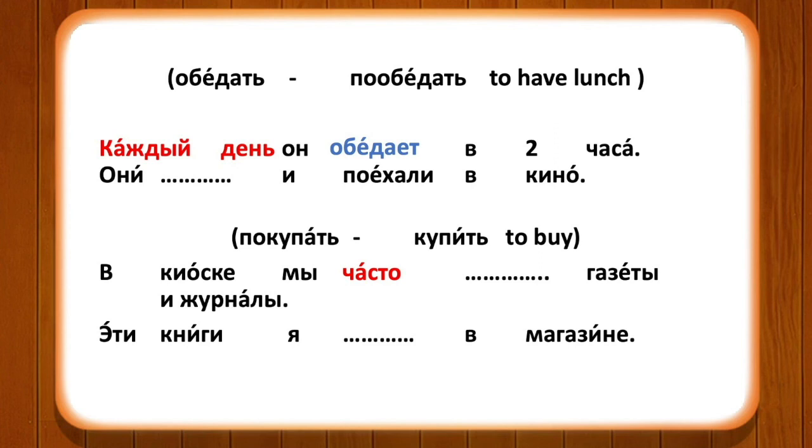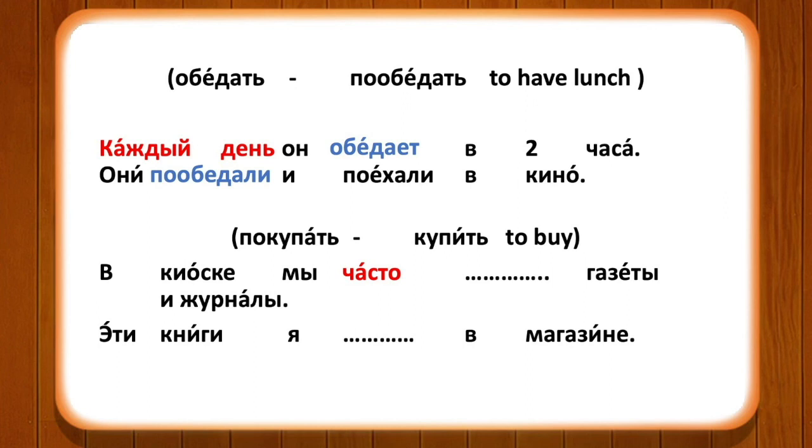Here you will be using the past tense form of the verb poobedat' because the second verb poehali already indicates it had already taken place, and you will put the past tense form according to the pronoun они, which is plural. So они пообедали и поехали в кино. They had their lunch, and they went to the theatre or cinema hall.